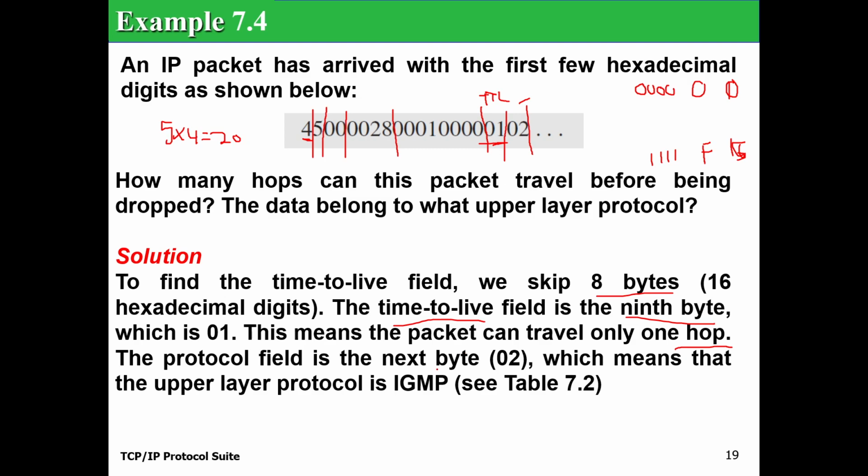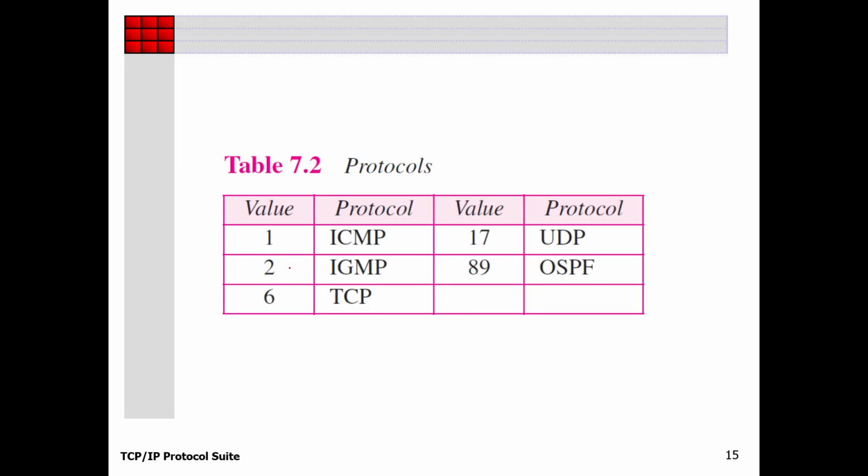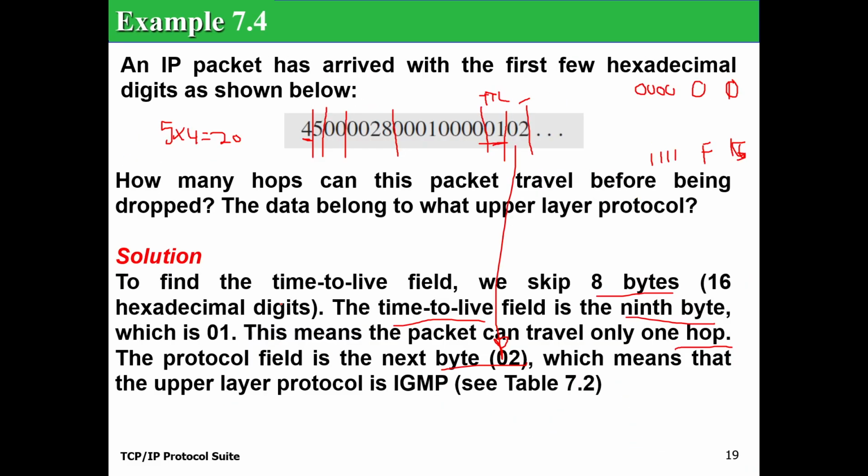The protocol field is 02, which means the upper layer protocol is IGMP. Let's go back. When it's 02, what's the protocol? It's IGMP, all right?